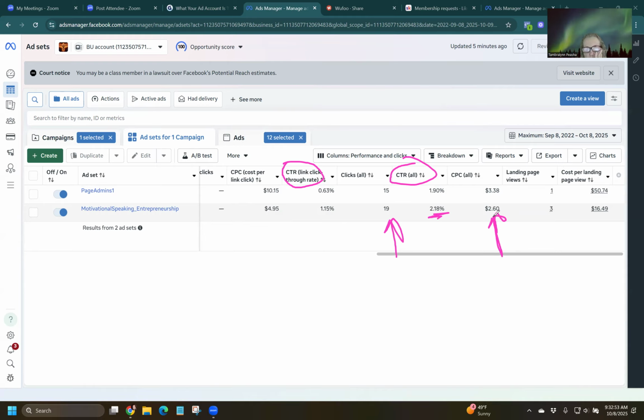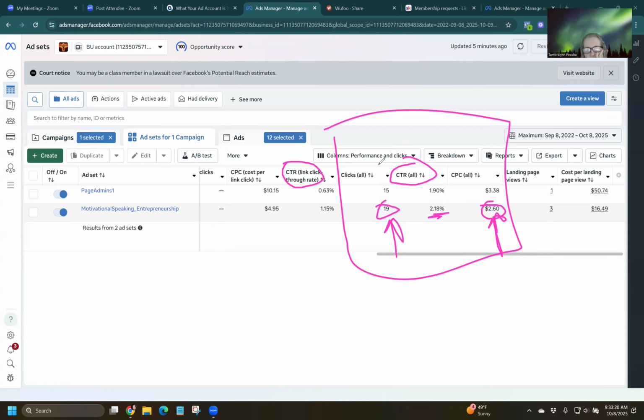So they took the cost per thousand impressions, your CPM, and figured out what it's costing you when 2.18% of the people click on it. It's costing you $2.60 for that little click. What does that show us in real numbers, like integers? It's 19 people.